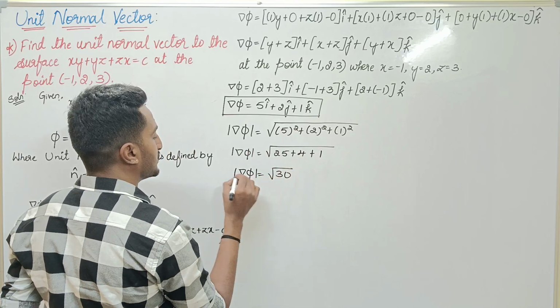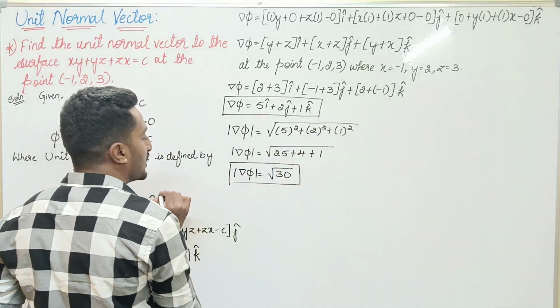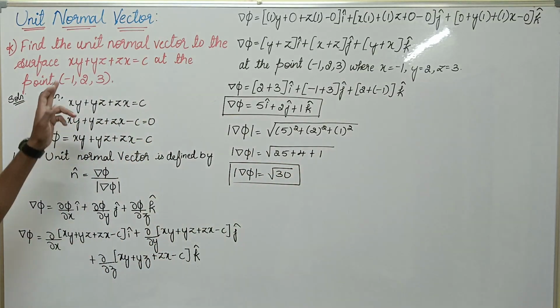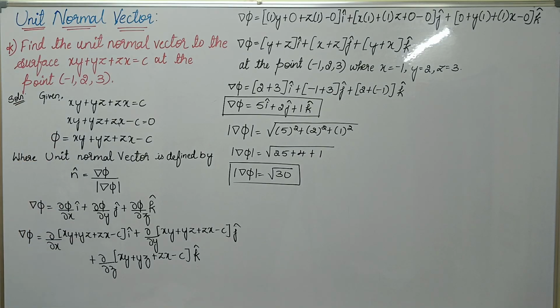Root 30 is the modulus of gradient phi. But we need to find the unit normal vector of the given function.